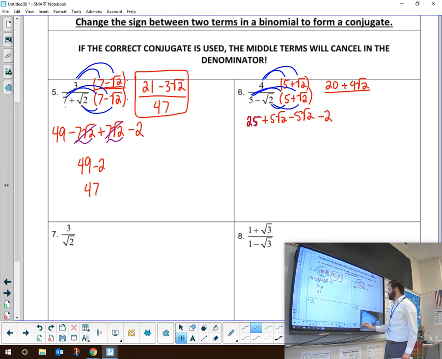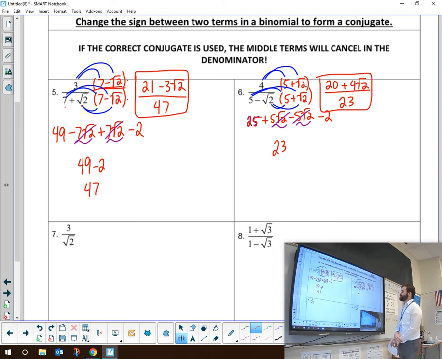Okay, so now we combine like terms. 5 square root of 2 and negative 5 square root of 2 cancel. I hope you're seeing a pattern here. And so we just have 25 minus 2 is going to be 23. So I'm just going to have a 23 on the bottom of my simplified expression.